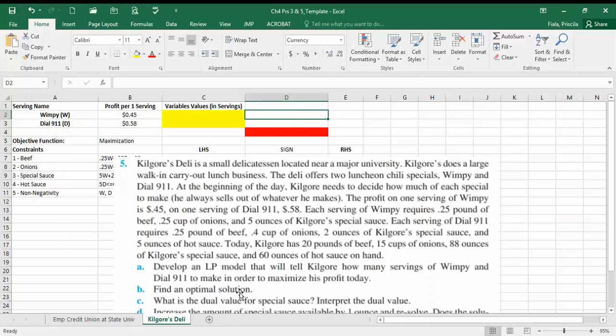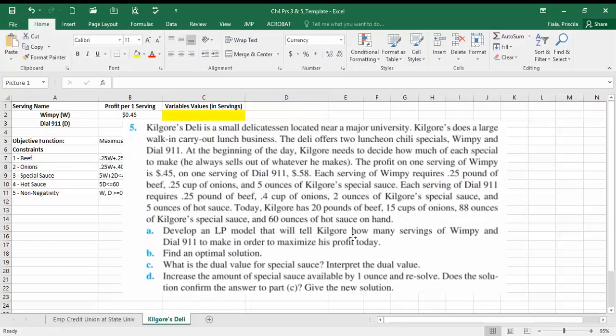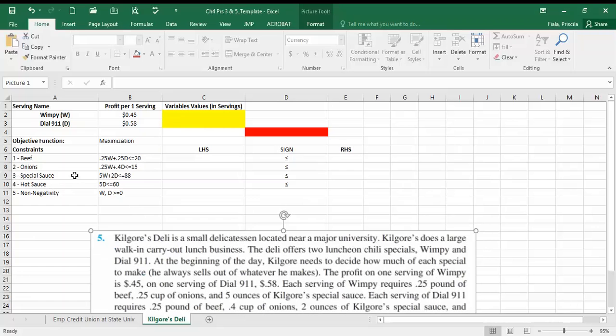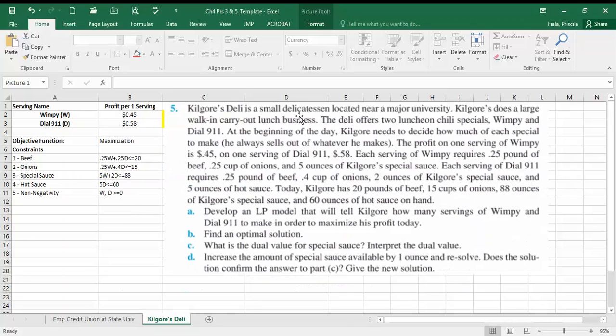So find an optimal solution, which is what I'm going to be working on here. And then when we have completed that, we're going to talk about the dual value for the special sauce, constraint 3, and give an interpretation. And then in part D, we're going to increase the amount of special sauce by 1. It is at 88 right now. We're going to increase that to 89.